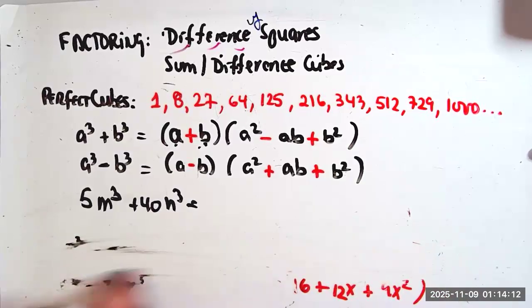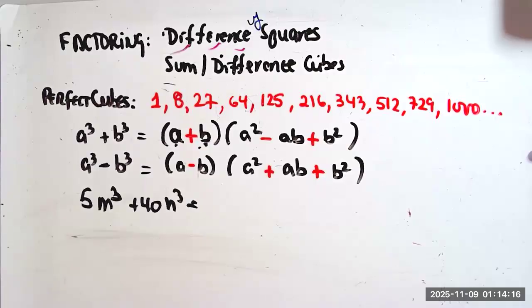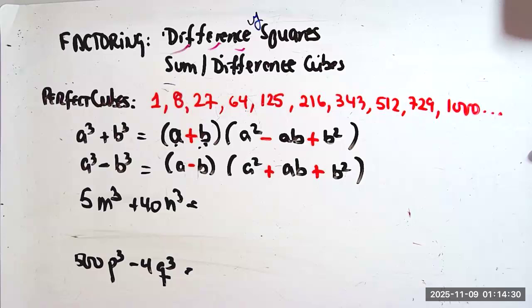I'm going a little bit fast here. And then the last example that I have for you is 500p cubed minus 4q cubed. Notice that I have a common factor 5. So I can always factor out the 5.